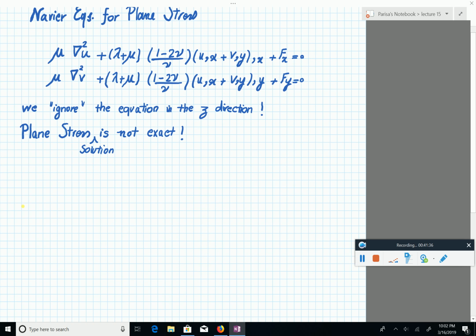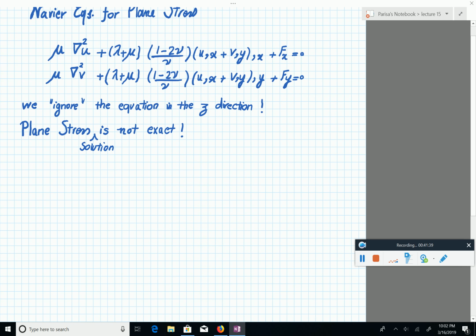Now it is worth looking at the Navier equations for the plane strain case again and making a quick comparison.